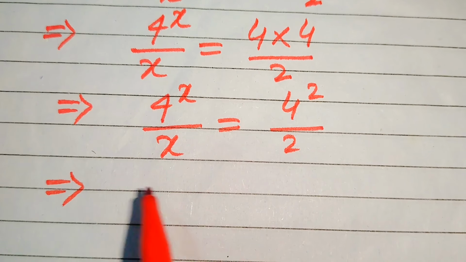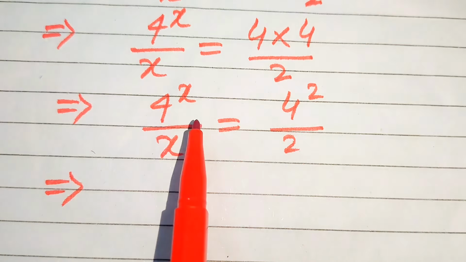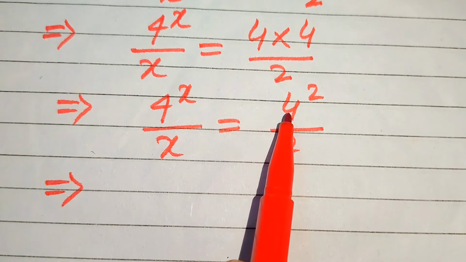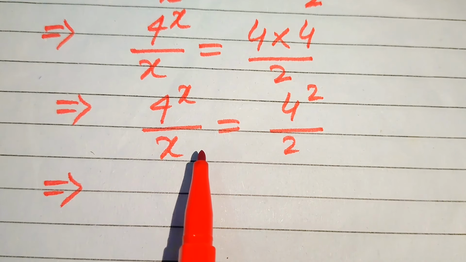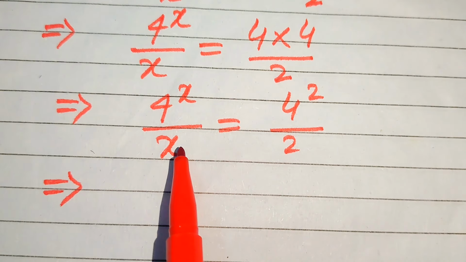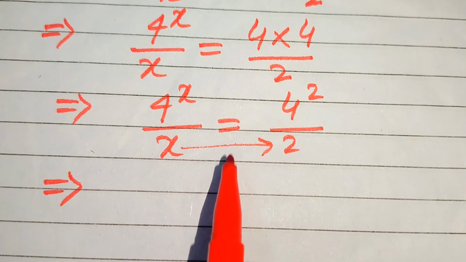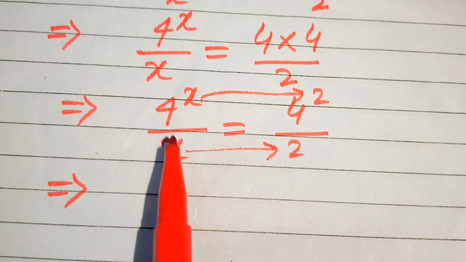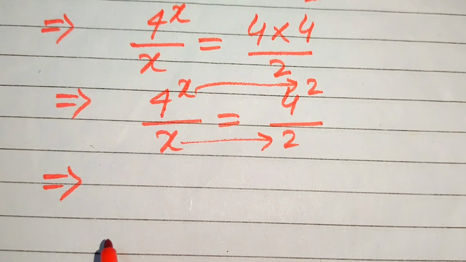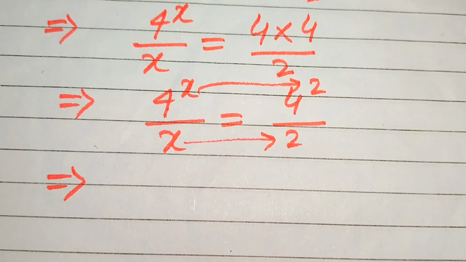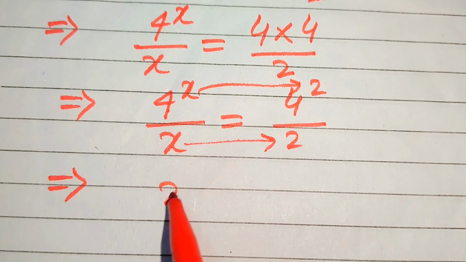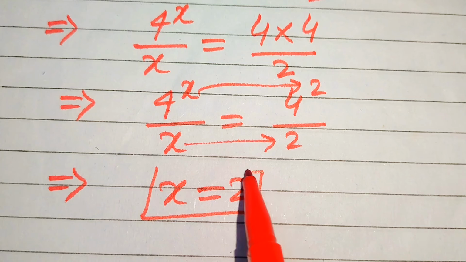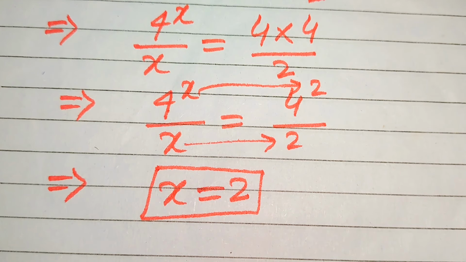When we compare the exponents of the numerator terms, we easily get x is equal to 2, and when we compare the denominators, x is also equal to 2. In the numerator side we again get x is equal to 2 because this 4 is cancelled out by this 4. So after comparing both sides we get x is equal to 2. This is the only positive integer root of the given equation.